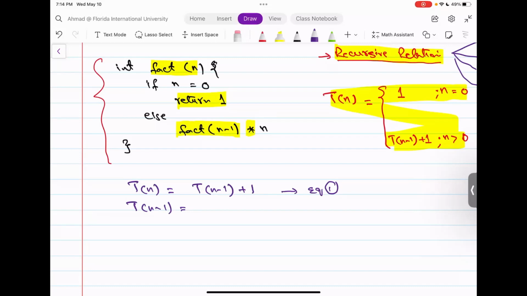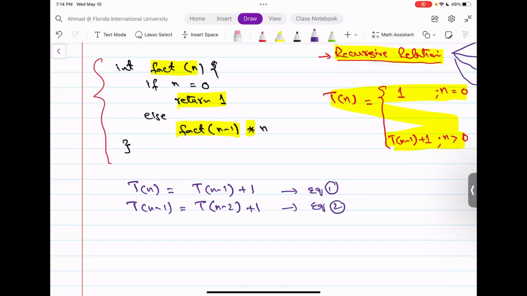This gives me T(n-1-1), which is T(n-2), and plus 1 is always there. Let me call this equation 2.